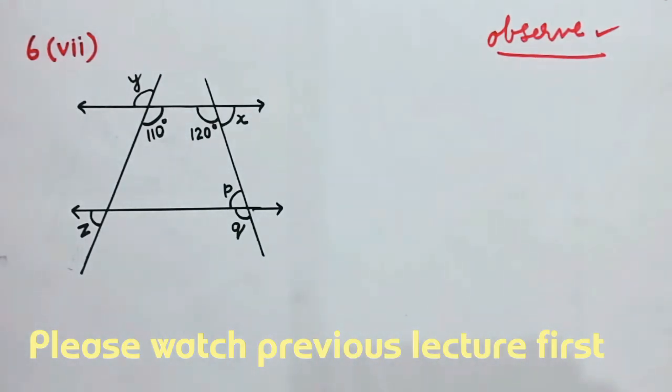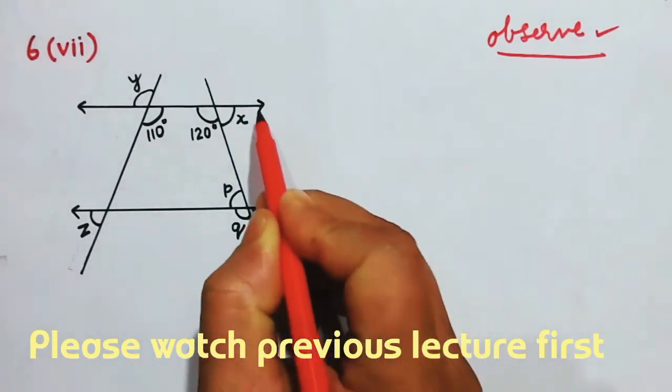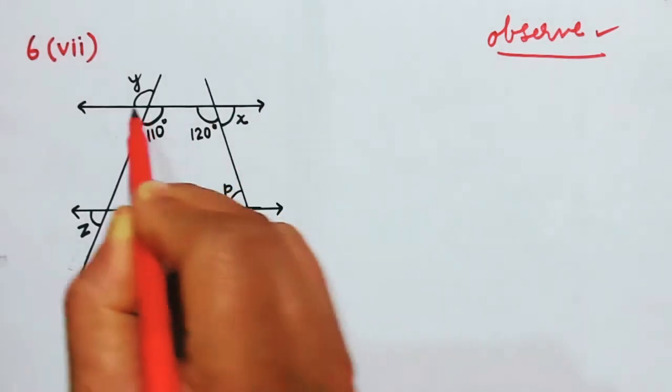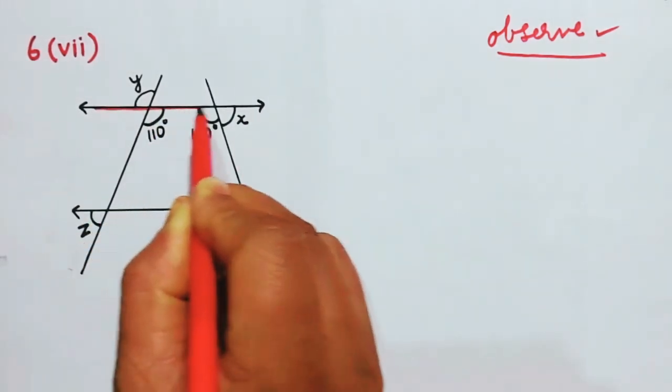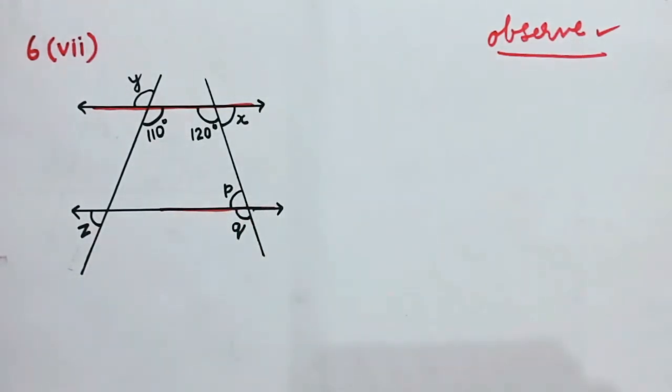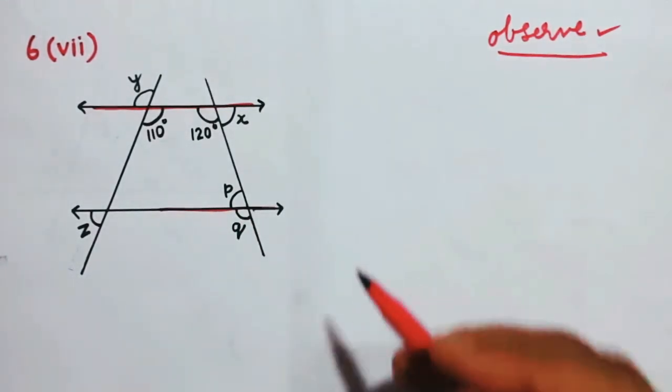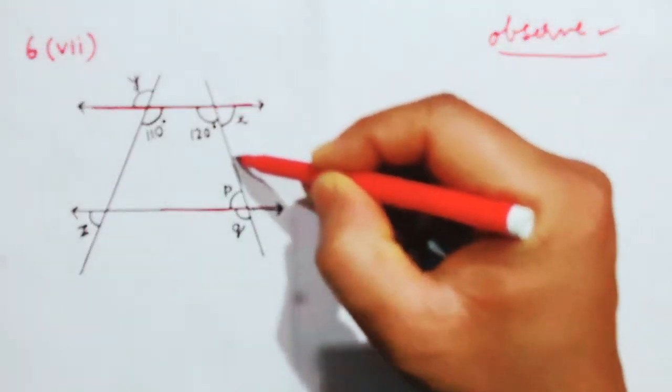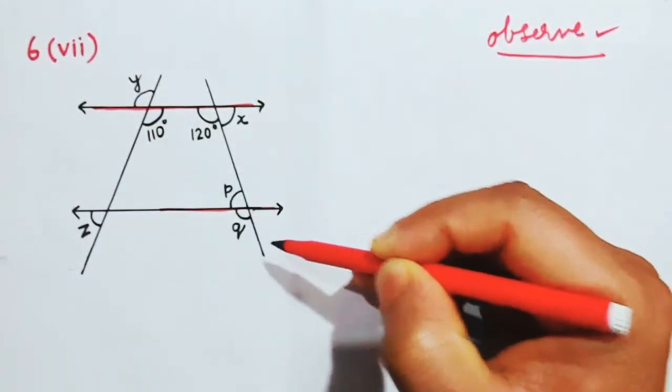So what I find over here is that these lines are parallel. So when these lines are parallel, naturally there will be a transversal. So this is the transversal.